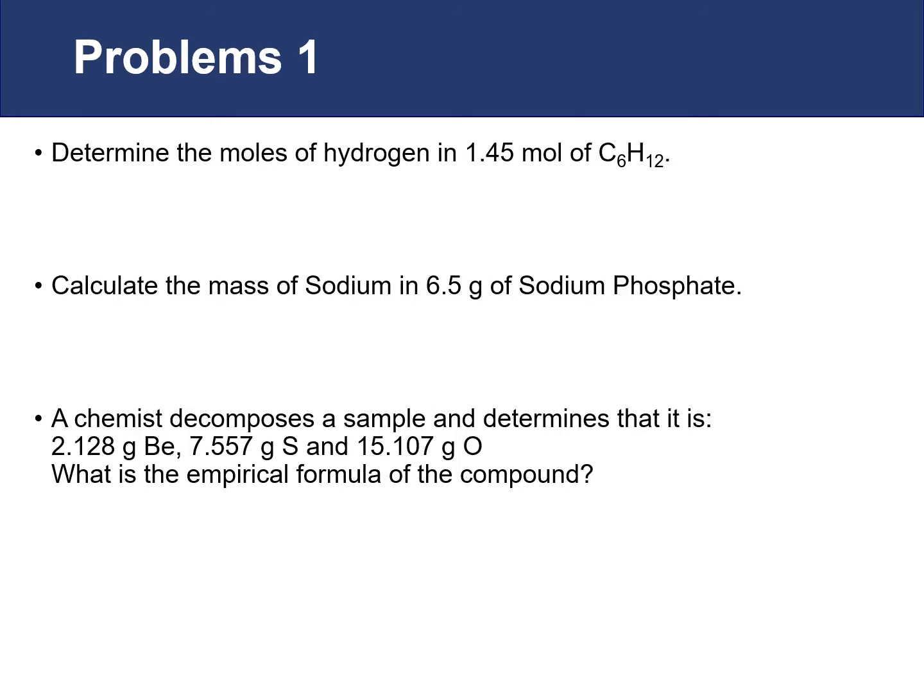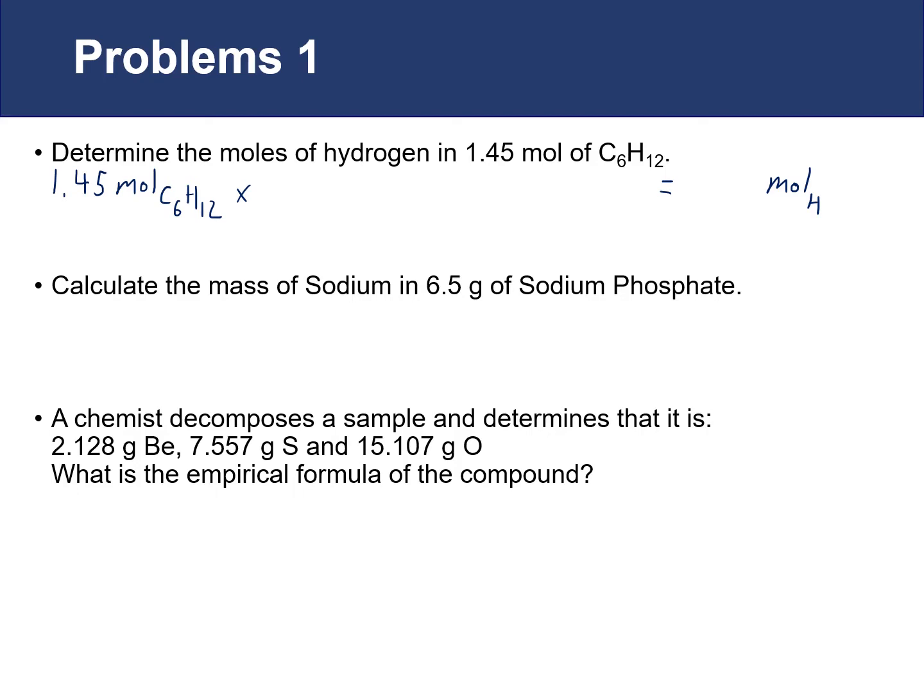So we can take 1.45 moles of C6H12. We can multiply that. What ultimately we're interested in is figuring out the number of moles of hydrogen. So we want to have this equal to moles of hydrogen.